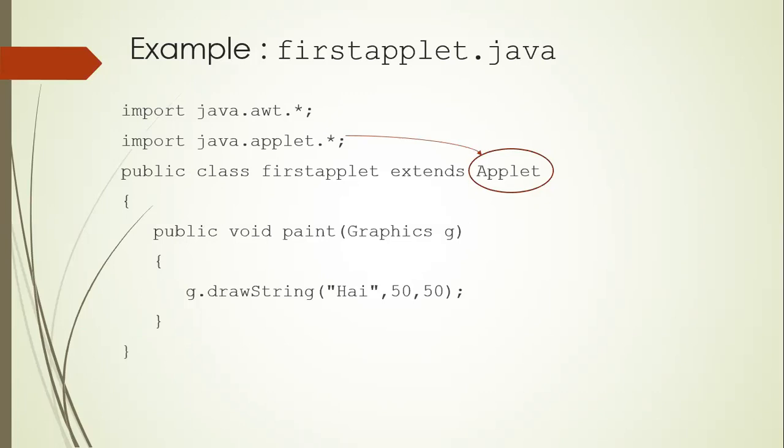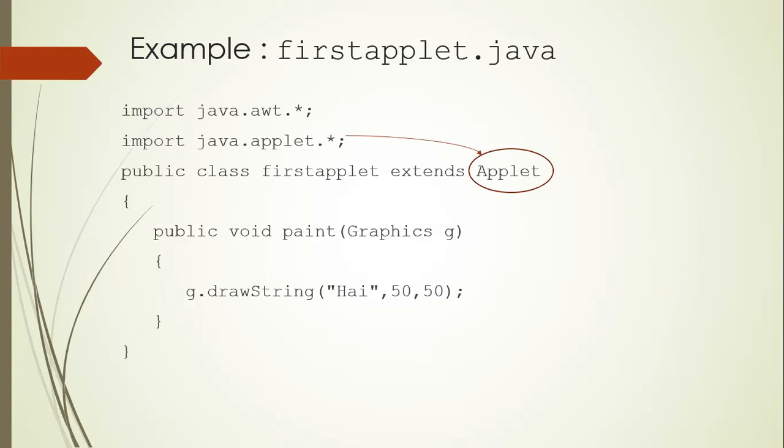This Applet class was imported from the package called java.applet.*. In core Java programming, you might have studied the package concept, where you study all those imports. So the base class called Applet, available in the java.applet package, was extended for my applet program, right?